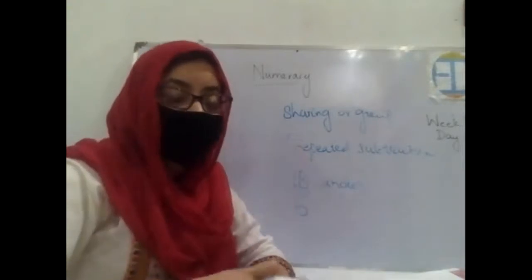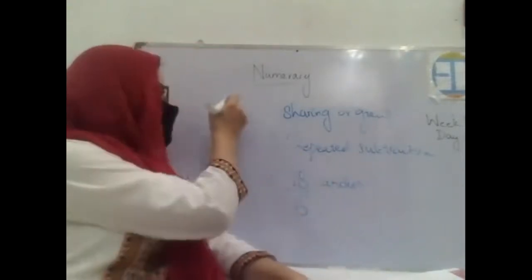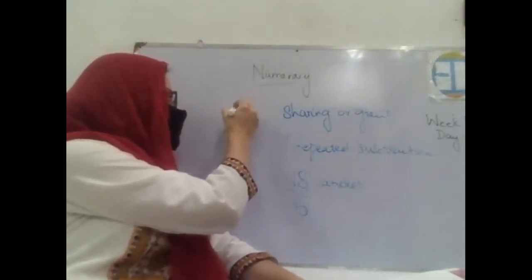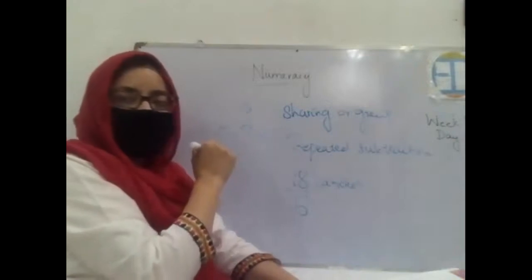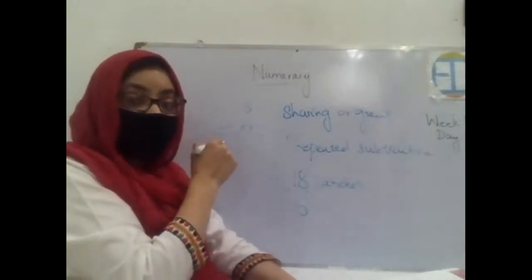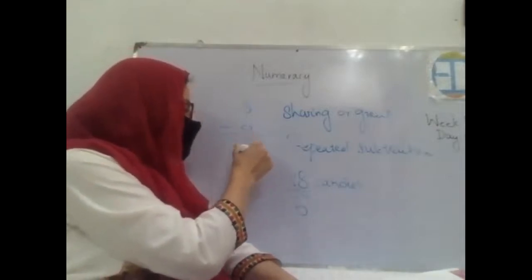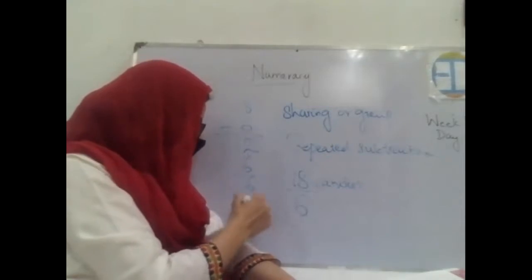How will you get the answer? You will keep on subtracting this number from 18, right? So let's start. 18 minus 6, 12. 12 minus 6, 6. 6 minus 6, 0.